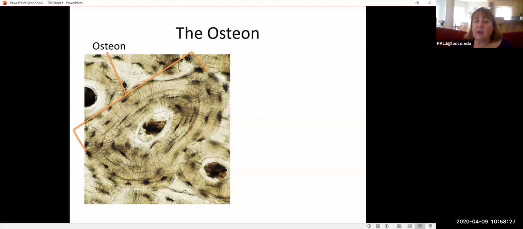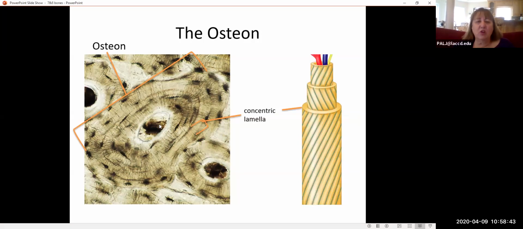So let's look at the structural and functional unit of compact bone, which is known as the osteon. Think of it as one tree trunk cut. When you look at this, you can notice that there are rings, just like in a tree. We have smaller rings near that center opening, and they get bigger and bigger and surround each other.